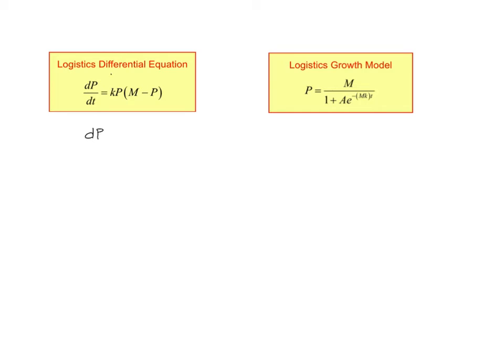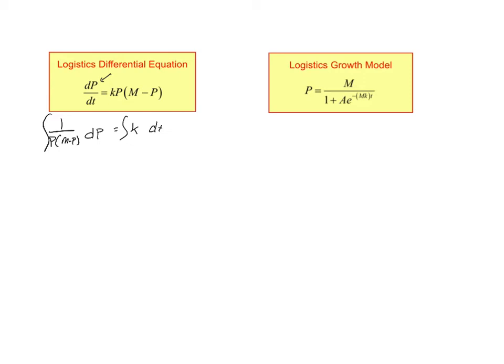And don't forget here, the P is my variable and the T is my variable. M and K are not my variables. So I would have to be dividing to get my P variables on the left, and my K and dT would be on the right. Okay, so now I'm going to have to integrate both sides.